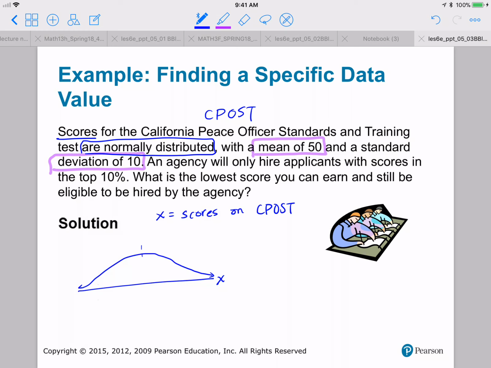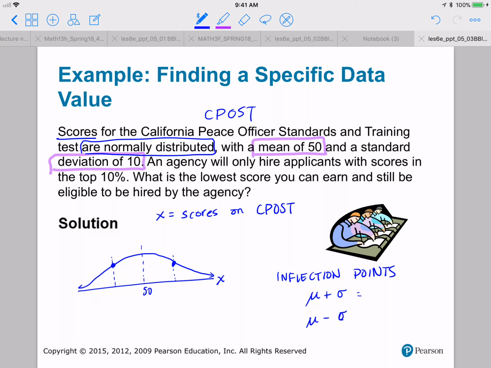If the mean is 50, that means my center is 50. And if the standard deviation is 10, what are my inflection points? I'm going to have 2 inflection points. Remember, my inflection points are mu plus sigma and mu minus sigma.